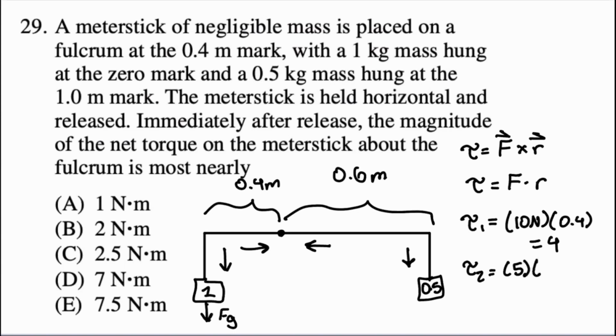That's its weight, again, 0.5 times 10, times its distance from the fulcrum, which is 0.6, which then is 3. But because these vectors are in opposite directions, one of them has to be negative. I'll just make the smaller one negative. So 4 minus 3, so it'd be torque 1 minus torque 2, I should say. 4 minus 3 is equal to 1, and that is going to be our net torque.